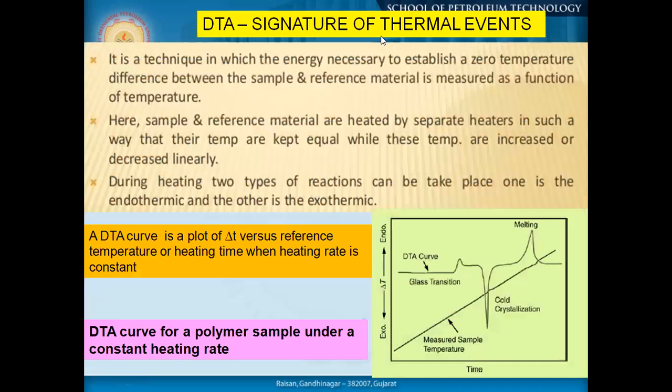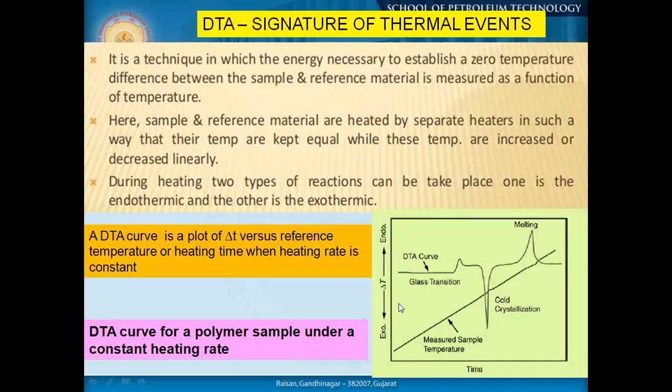Now, if you observe this graph, you can easily see this line is zero. Zero means there is no temperature difference between the sample and the reference. Here the sample and reference materials are heated by separate heaters in such a way that their temperatures are kept equal while the temperatures are increased or decreased linearly.